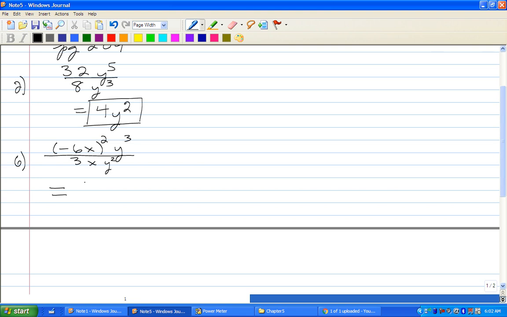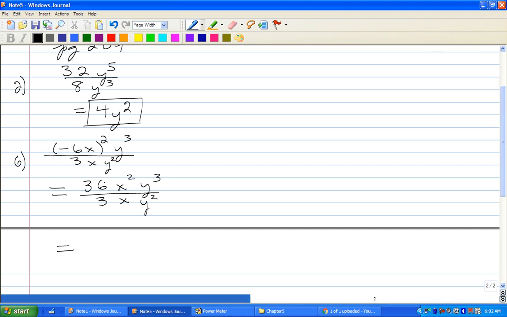Negative 6 squared is 36. X squared is just x squared. Y cubed over 3x y squared. 36 divided by 3, 12. X squared divided by x, x. Y cubed divided by y squared, y. And so I get 12xy.